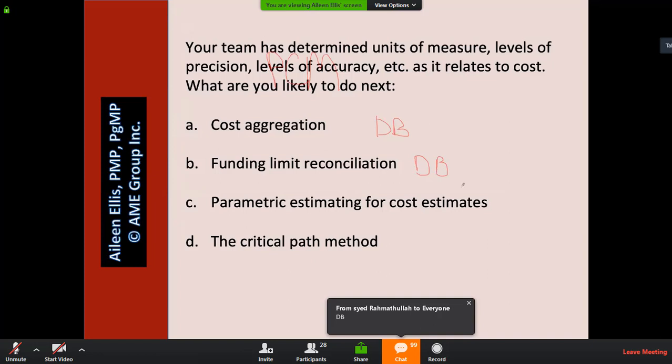Parametric estimating for cost estimates. What process would you relate that to? Estimate cost. D is the critical path method. What process is answer D? Okay, develop schedule. Do any of these processes occur before plan cost management?